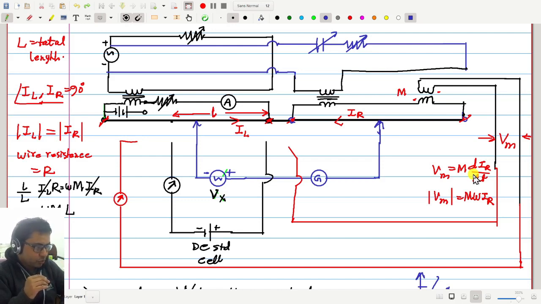Any iron core does not get magnetized immediately when you pass a current. There is a lag between the phase angle of current and phase angle of magnetic flux. So therefore this will not be true. That's why this must be an air core transformer.